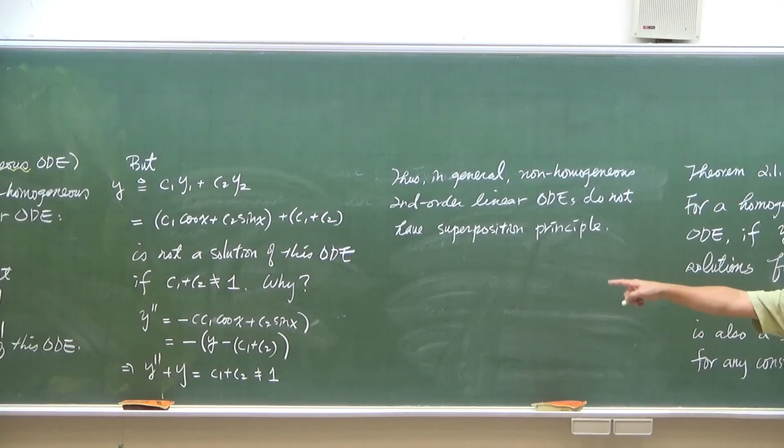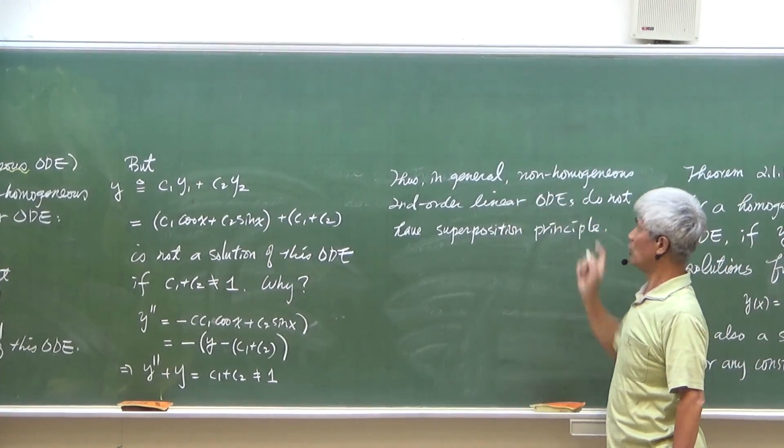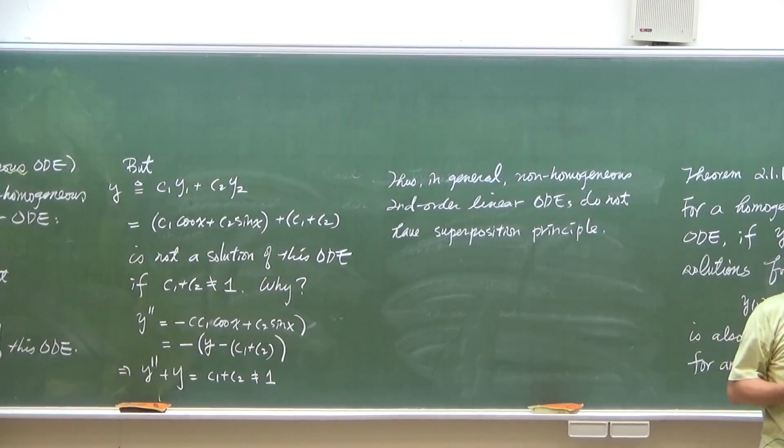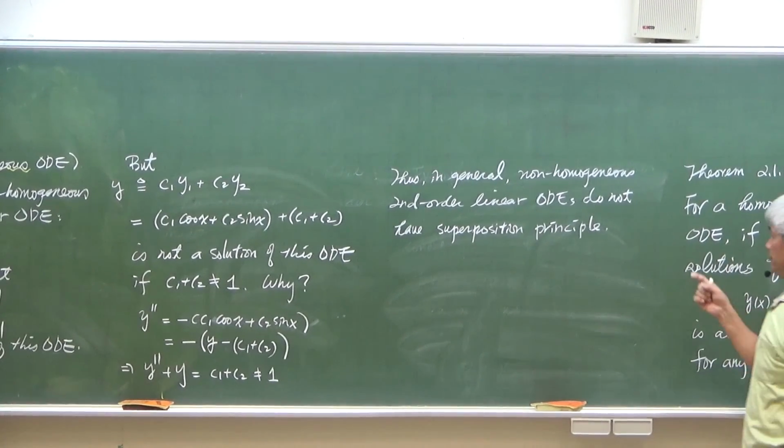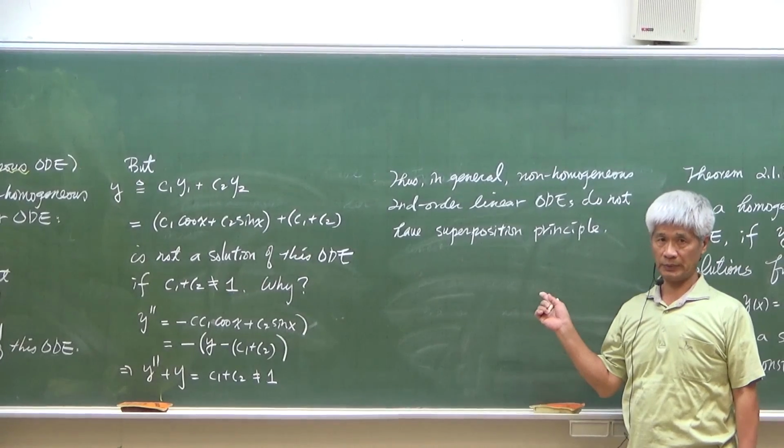So from this example, we can see, in general, non-homogeneous second-order linear ODE do not have superposition.